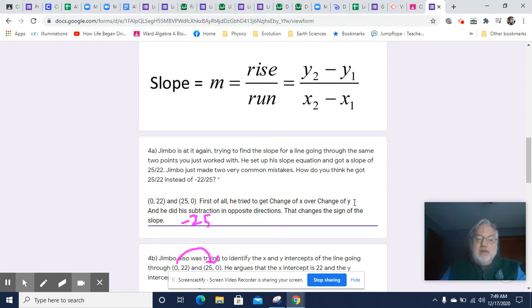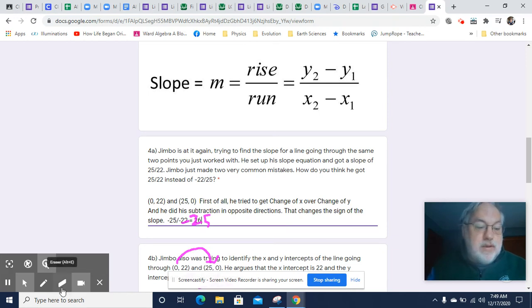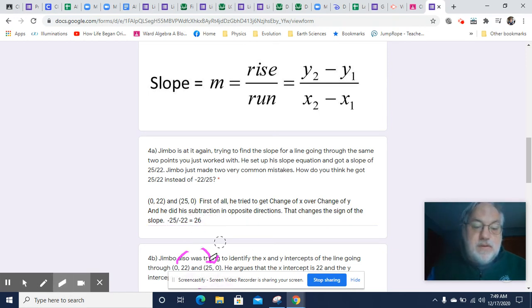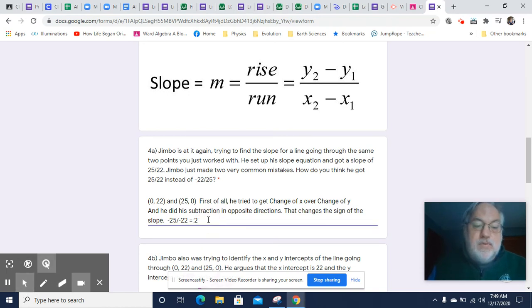So if he had done negative 25 and negative 22, he would have ended up with negative 25 over negative 22, which equals 25 over 22.